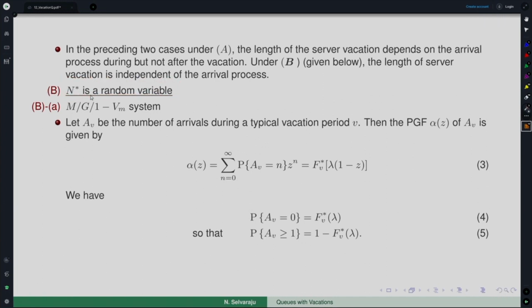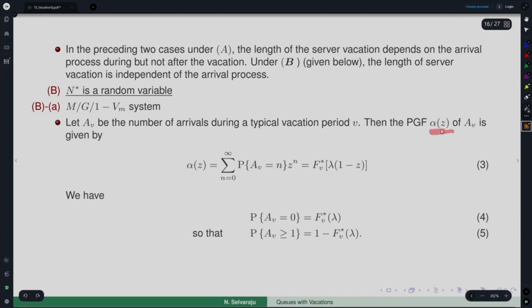The first specific case here is an M/G/1 with multiple vacation system. In this case, let A_V denote the number of arrivals during a typical vacation period V, which is the vacation random variable.